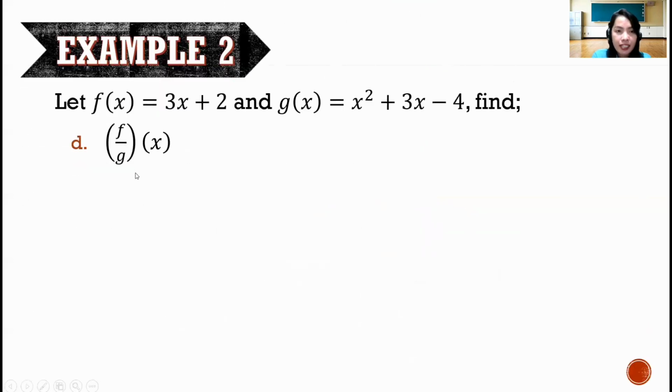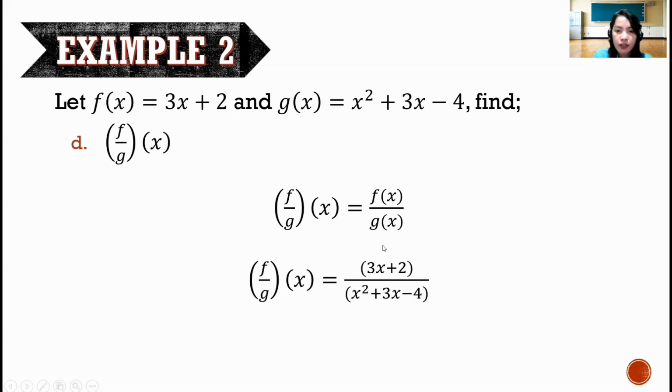And then last, under example 2, same functions, f over g of x, from the definition, that is equal to f of x all over g of x. So evaluate for the given values of f of x. We have here 3x plus 2. Do not forget to enclose that using a parenthesis. And then in the divisor, we have the value of g of x. We have x squared plus 3x minus 4.